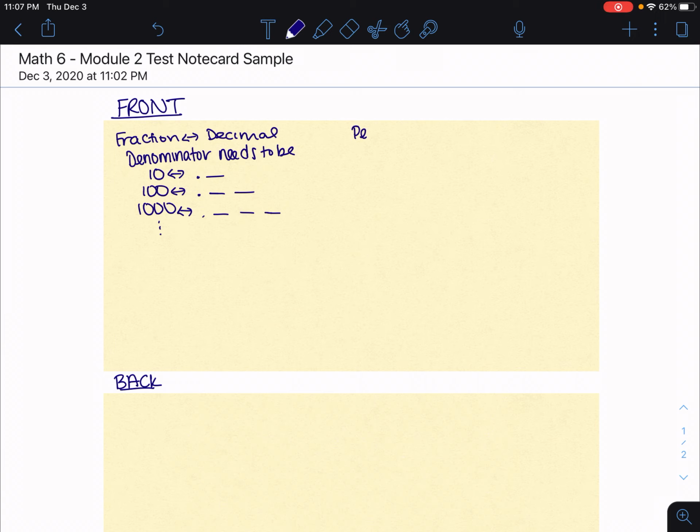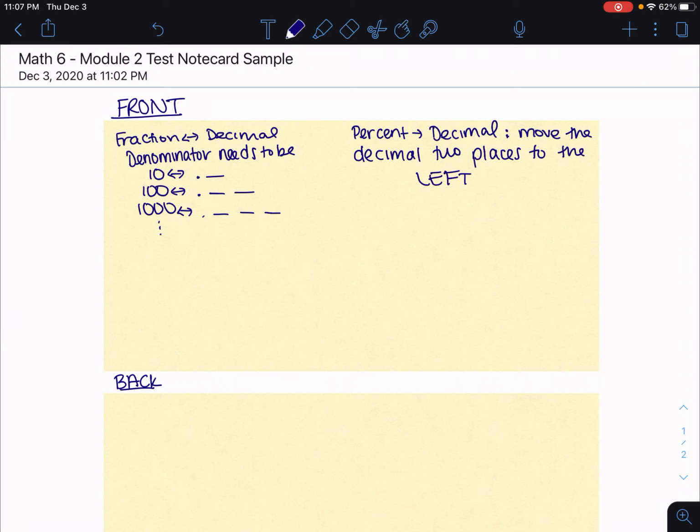Percents and decimals. So if I want to go from a percent to a decimal, I'm going to move the decimal two places to the left.